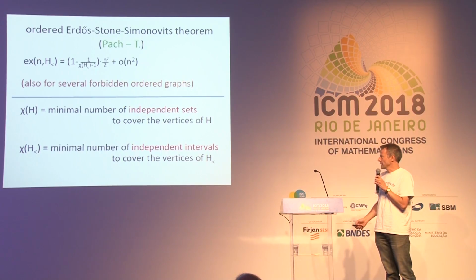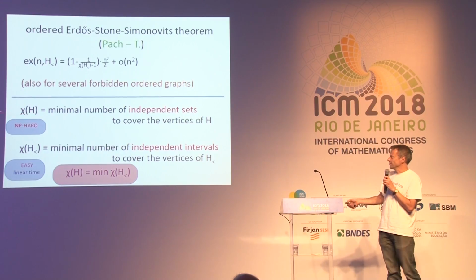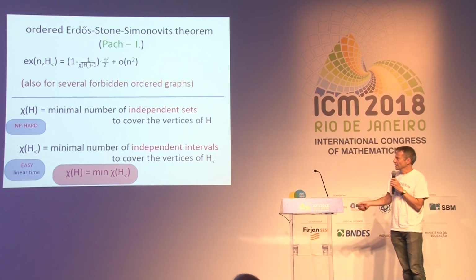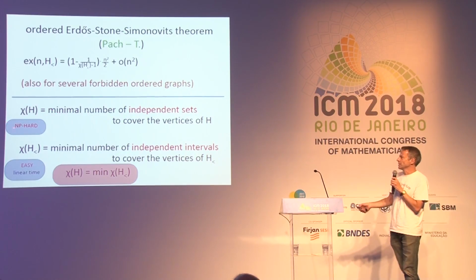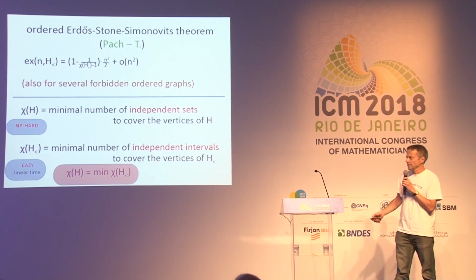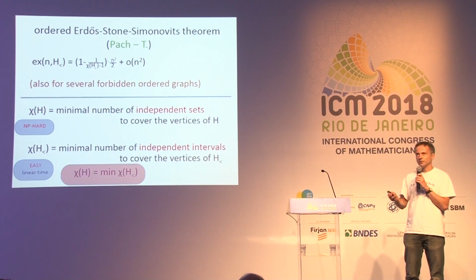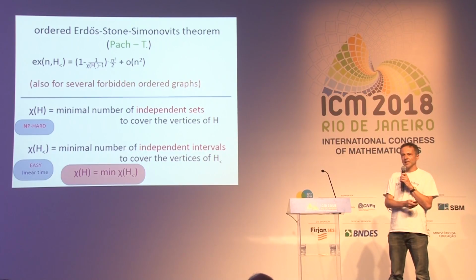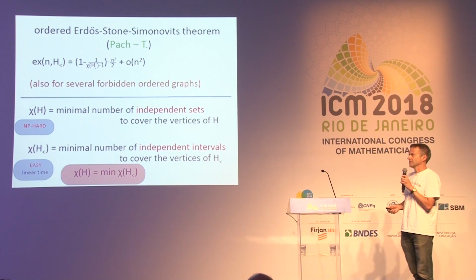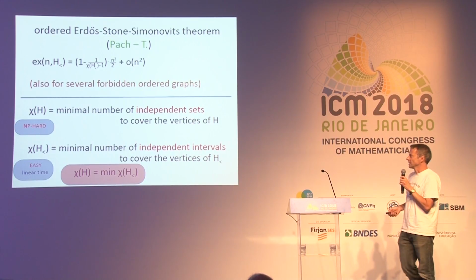I don't think it's news to anybody that the chromatic number is NP-hard to compute. This is however easy. You can use a greedy algorithm. You just take the longest interval for the first color that is independent. You are done with the first color, then you take the next color to be the longest interval after that that's independent, and that will work.